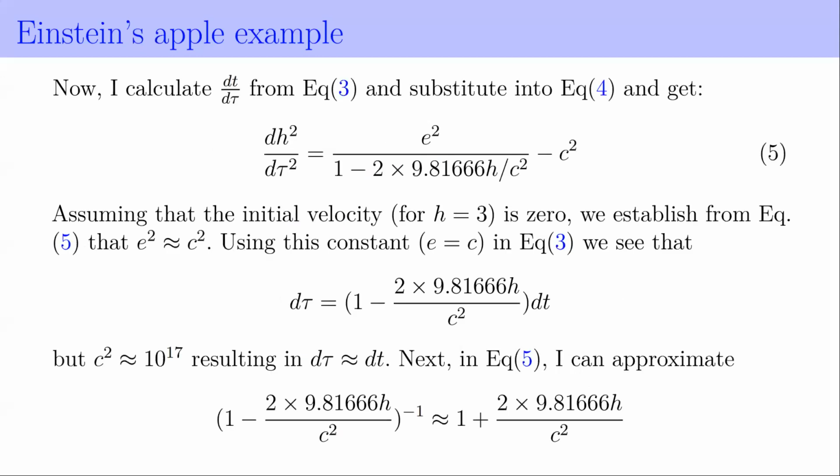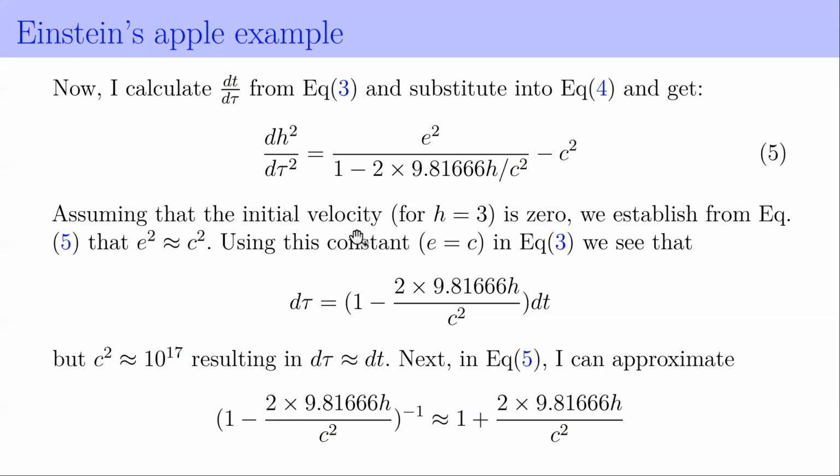I can compute dt d tau from the Killing vector equation, substitute it into the equation for the velocity, and find that dh d tau squared is one constant, E squared, over this, minus c squared.